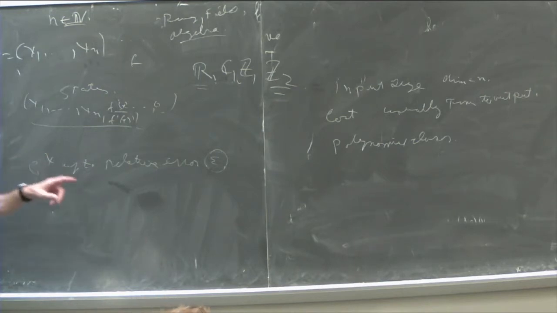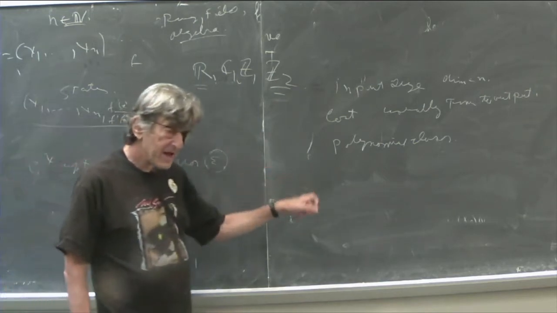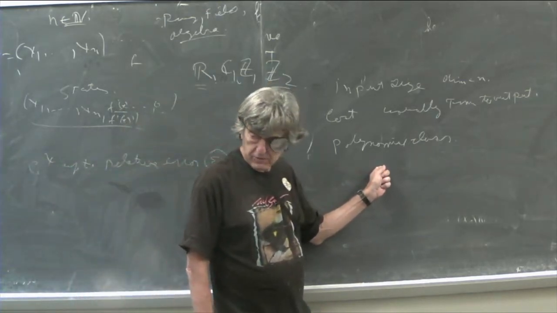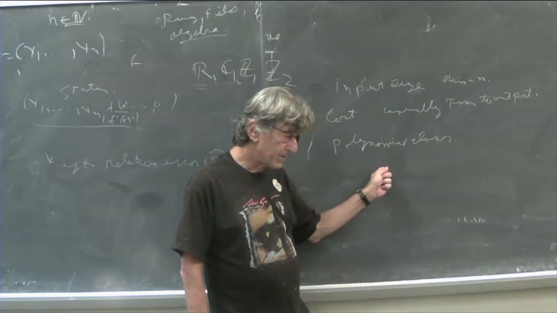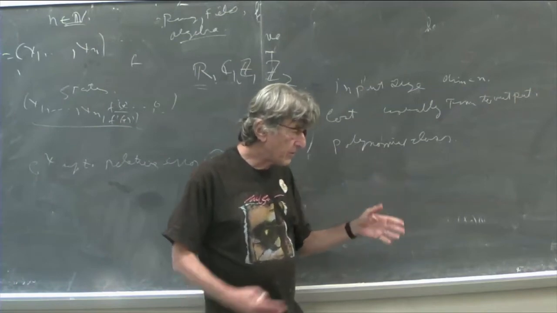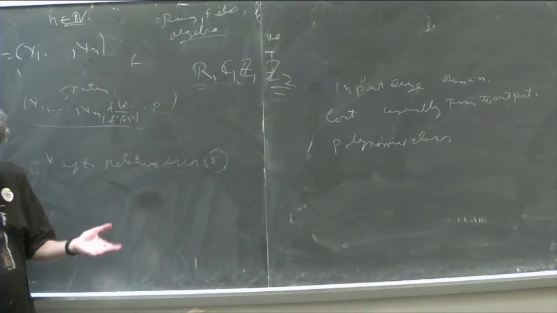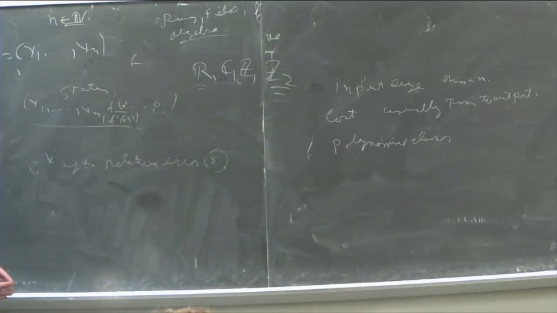Anyway, this polynomial class is a tremendous class because it's very robust. If you're trying to make a complexity theory, you want a notion of a problem being polynomial time. It shouldn't depend exactly on the machine you've made or on the very small details of the program.